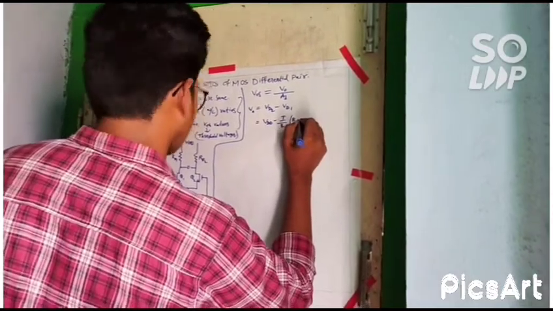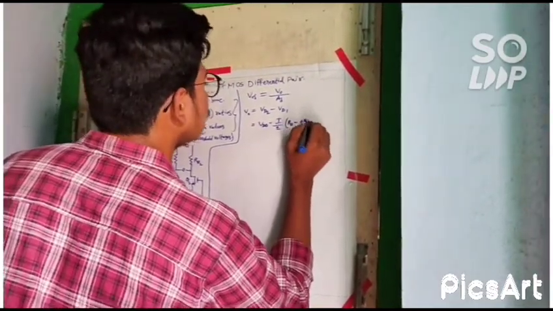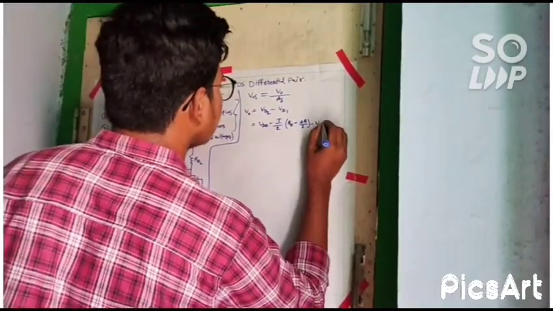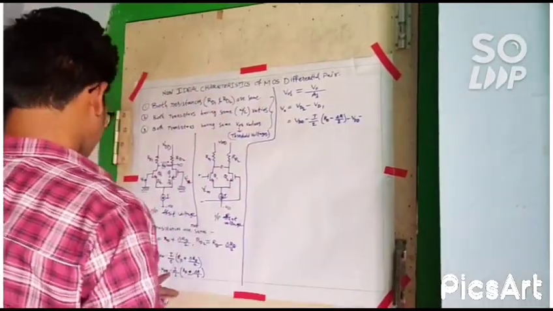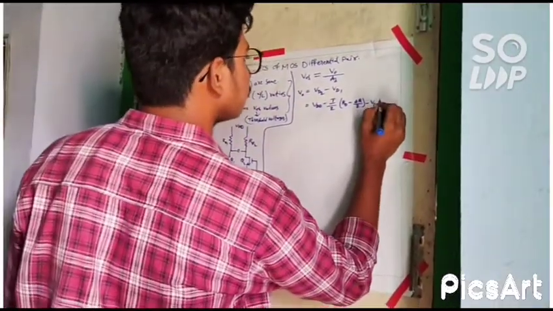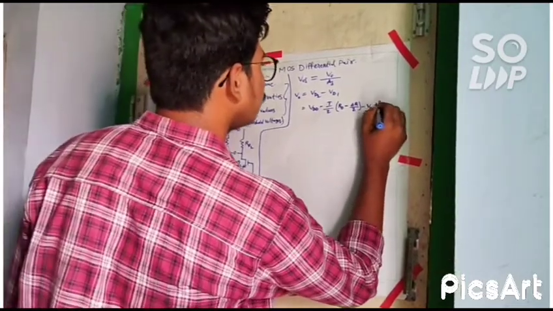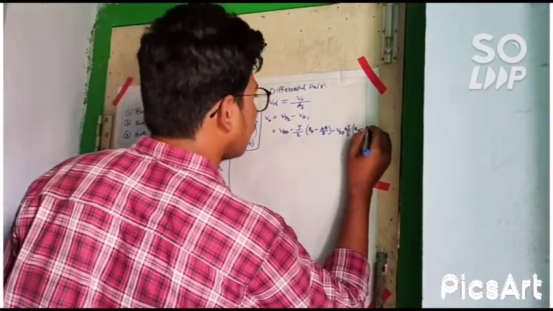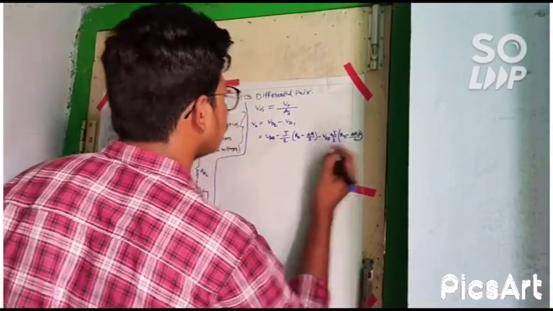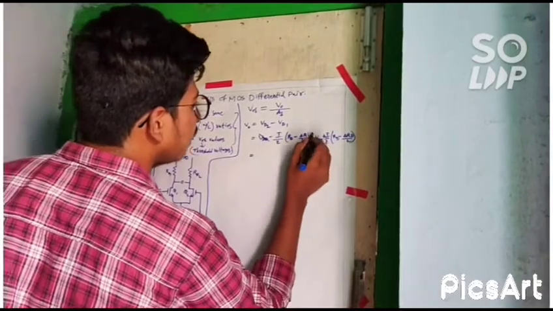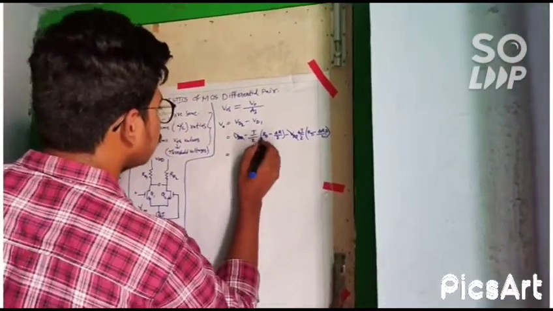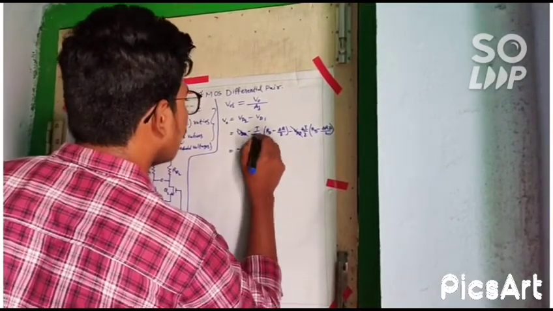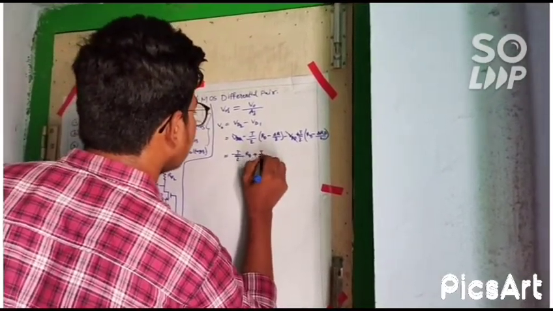That is, VD2 is VDD minus I by 2 into RD minus delta RD by 2, minus VD1, which is VDD minus I by 2 into RD plus delta RD by 2.